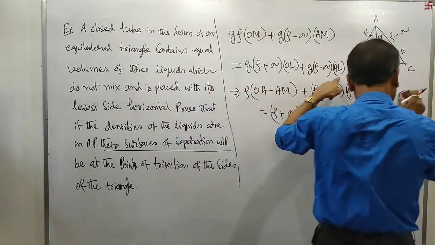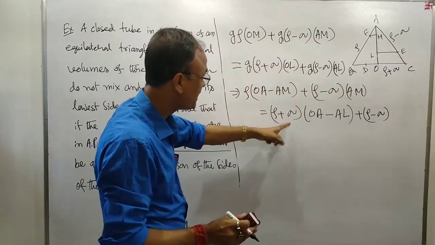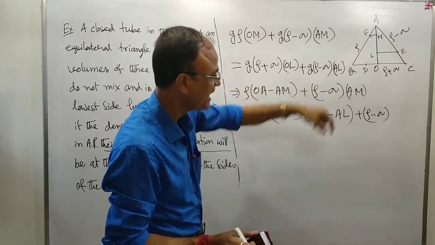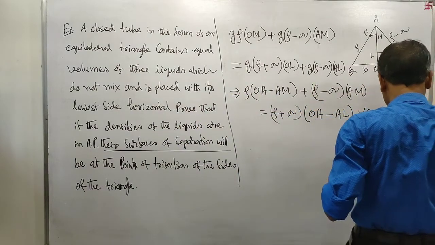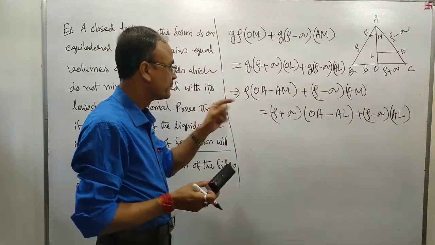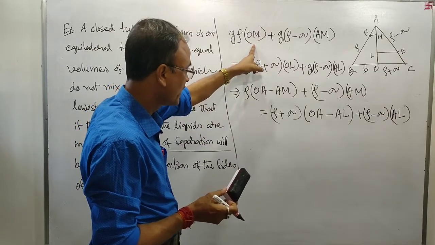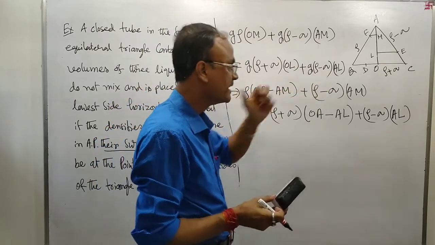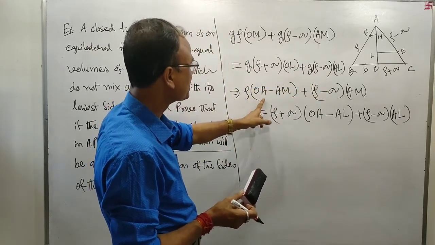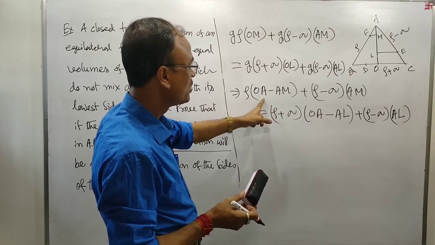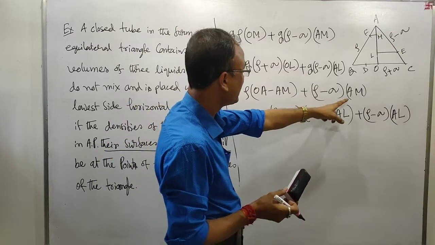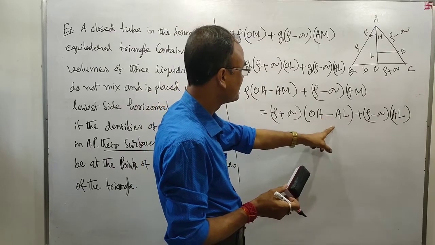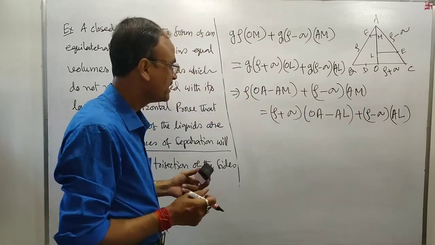Rho plus sigma, OL means OA minus AL, rho minus sigma AL. OM means OA minus AM, and OL means OA minus AL. Yes, no mistake has been done.